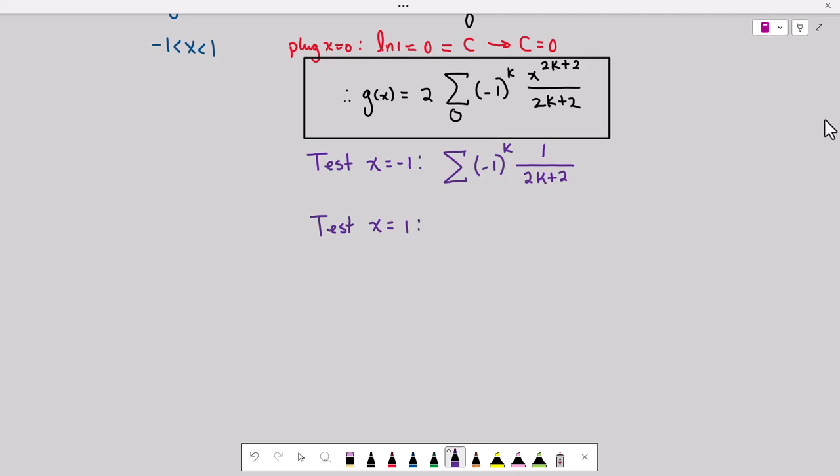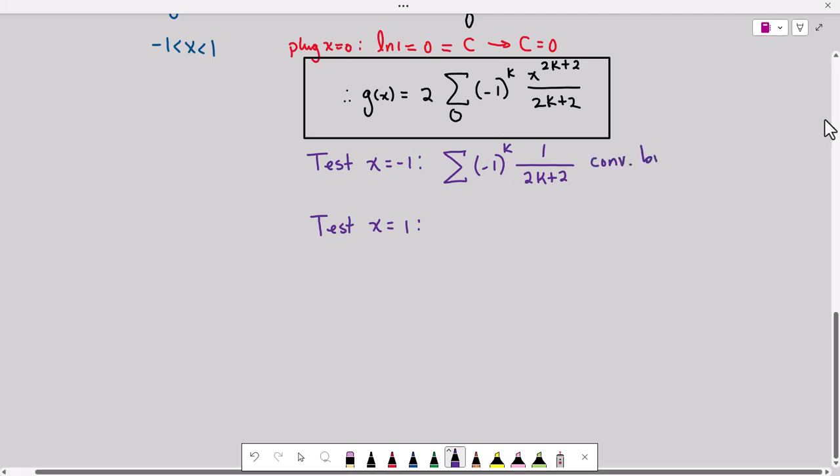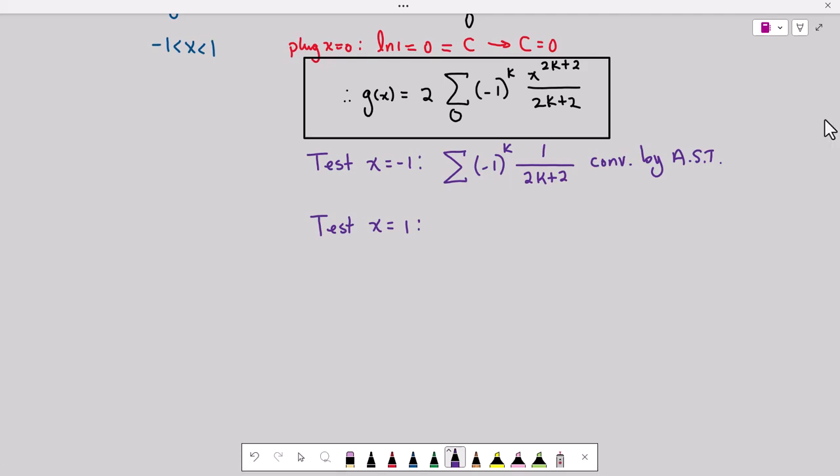So that's alternating. And in this chapter, unlike the last chapter where you have to show the alternating series steps 1 and 2, here it is enough to say it's alternating and it's decreasing to 0. So it's enough just to say that this converges by alternating series test. That is totally fine. In your mind, you're thinking it's alternating and the terms are decreasing to 0, then it's going to converge.